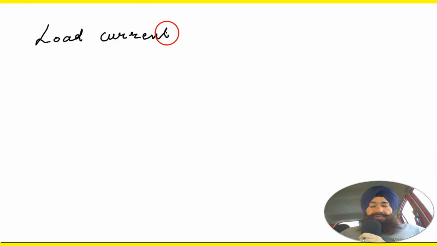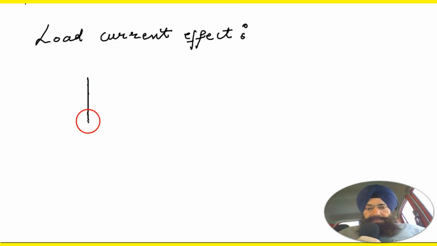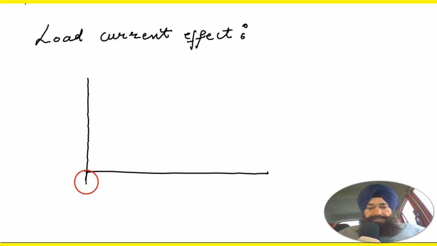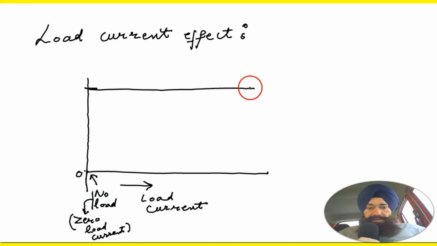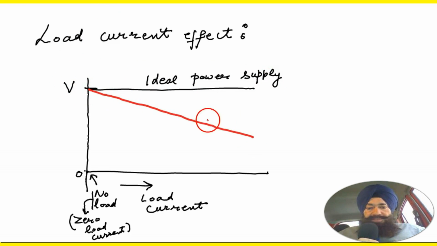Let's now learn how the load current affects the voltage regulation. So if we are changing the load, the load current will also change. Let the load current be increasing along the x-axis, and along the y-axis there's the voltage. An ideal power supply voltage remains constant irrespective of the variation in the load current.